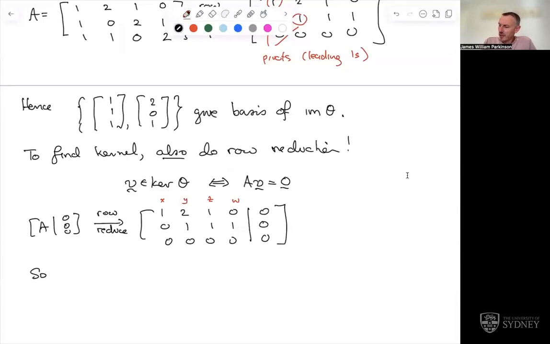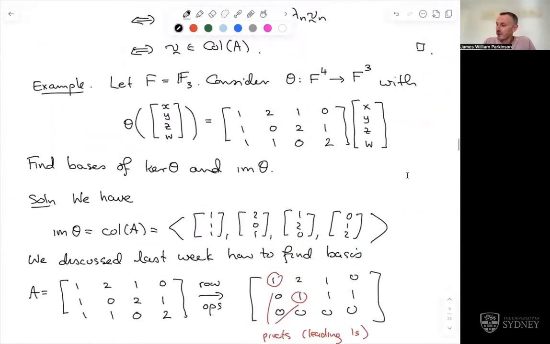So z and w are free, because they're the columns which don't have a leading one. So here s and t are in our field, which was F3, I think, right? Good.